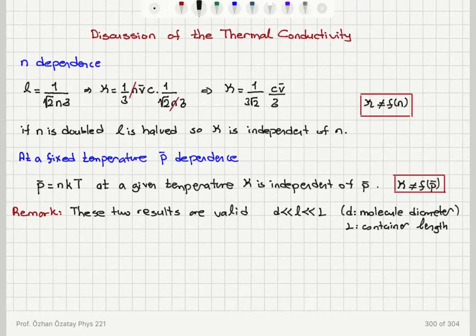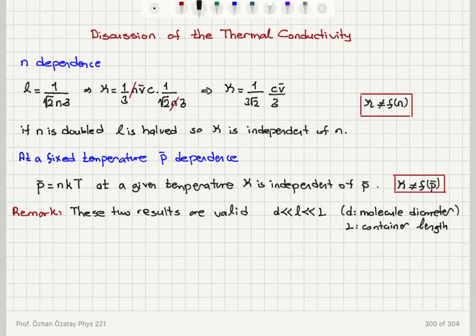And remember, when we talked about viscosity previously, we found that the mean free path basically saturates at L in the limit when we have a vacuum condition.